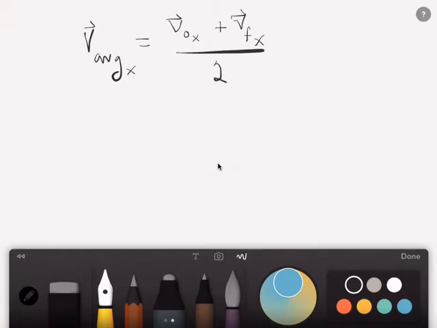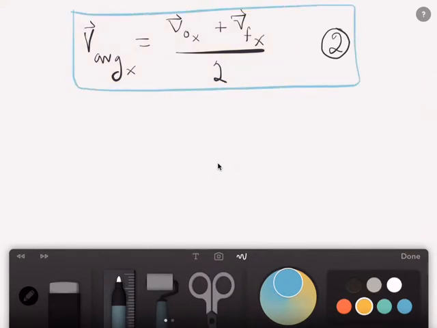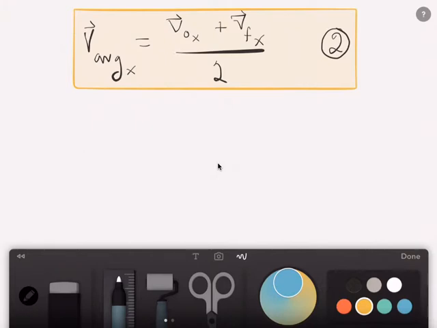So if we know our initial velocity and our final velocity, we just divide by 2. This is going to be our second axiomatic equation.